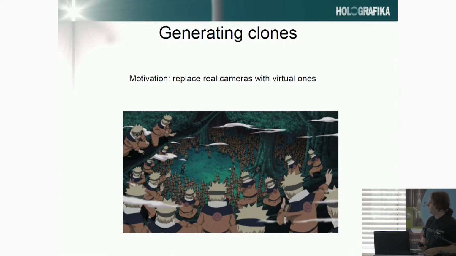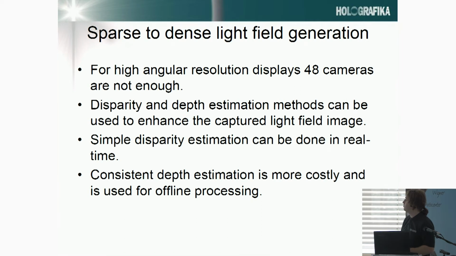Okay, what is our last motivation? We would like to replace real cameras with virtual ones because real cameras are very expensive and hard to mount, and we want to increase the density of our system so that we have a better image. We would like to do sparse light field generation. For high angular resolution displays, the 48 cameras are not enough.